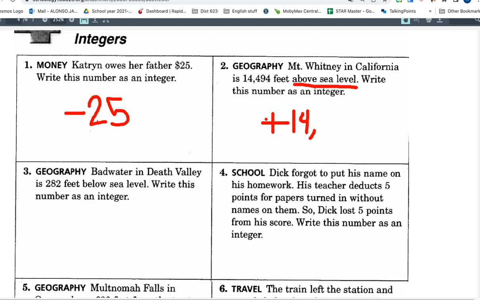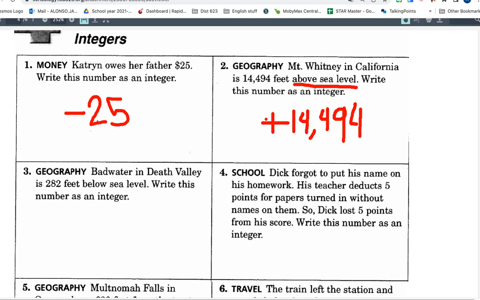But you already know that whenever we don't see a sign here, we assume that the number is positive right away. However, since we're working on this, we're writing the positive sign here.